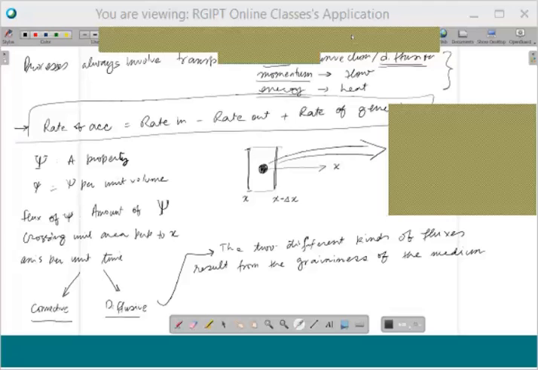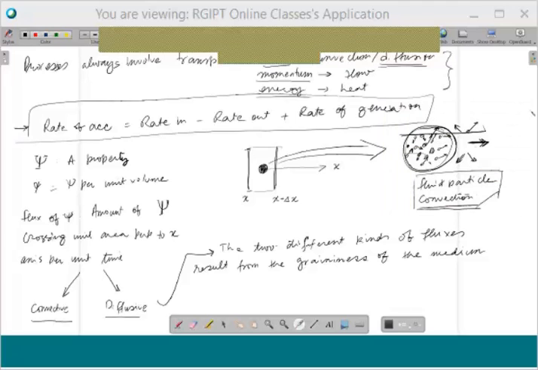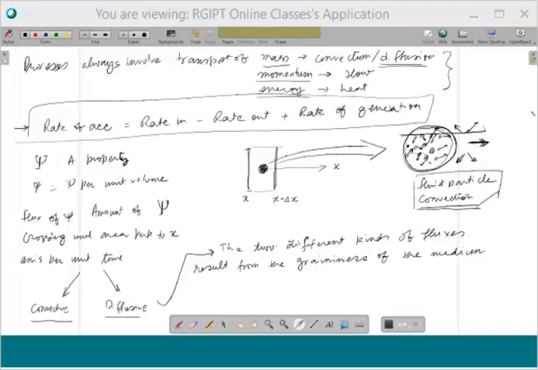So if this is the mechanism that I just stated, and you use this mechanism to calculate the flux, it can be shown that the flux is directly proportional to the concentration gradient. That is a manifestation of the phenomenon in terms of mathematics, or physical quantities that we can measure.